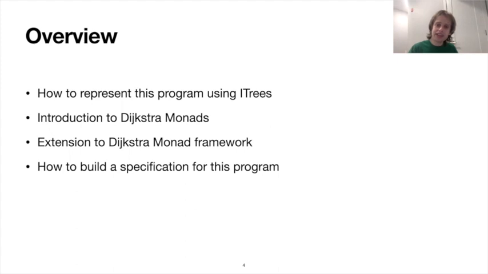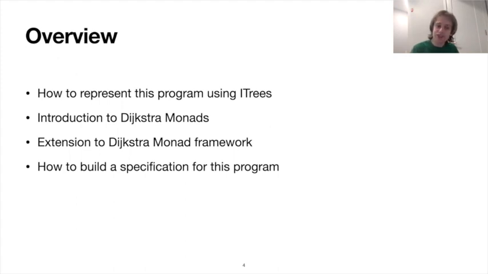The entire talk is going to be geared towards figuring out how to write this specification, and we're going to do it in the following steps. First, we're going to talk about how to represent this program using trees. Trees are a Coq data structure for representing denotational semantics.